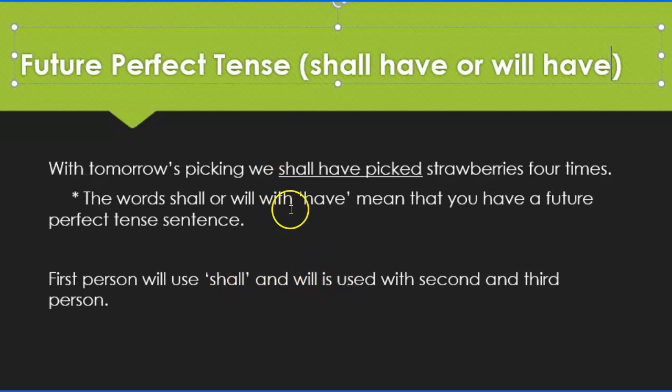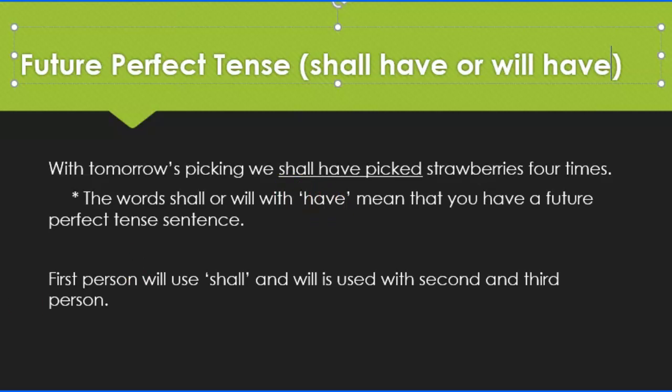So let's look at the sentences. With tomorrow's picking, we shall have picked strawberries 4 times. So we have the word shall, and we have, and then we have the verb picked. The words shall or will with have mean that you have a future perfect tense. That means by this time tomorrow, it will all be completed.